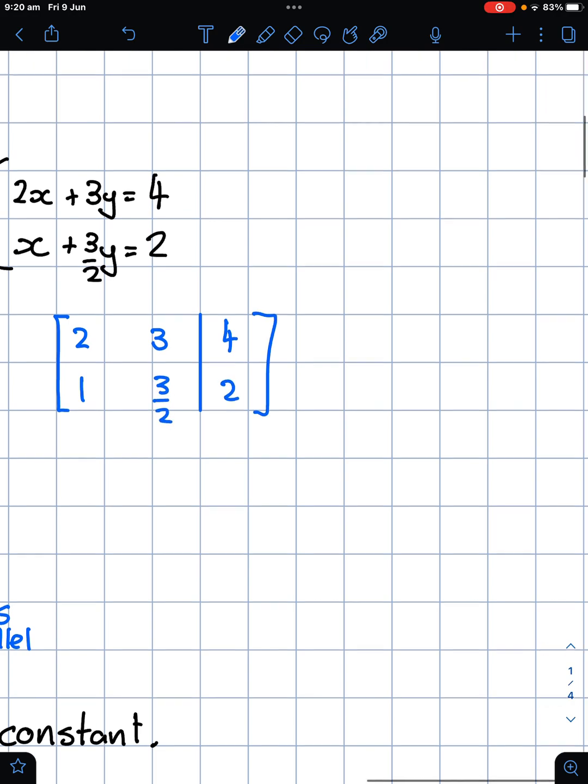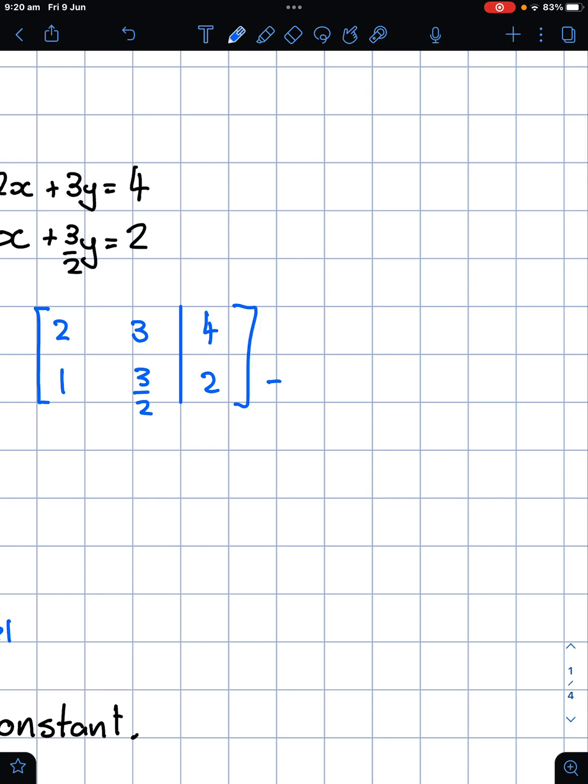And in this space, let's think about, we want to get rid of this one here. So we're going to go negative 2 times row 2 plus row 1 becomes row 2.